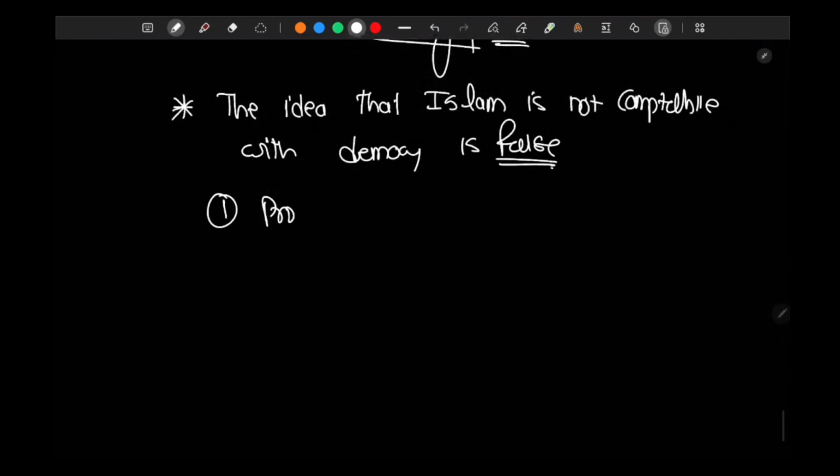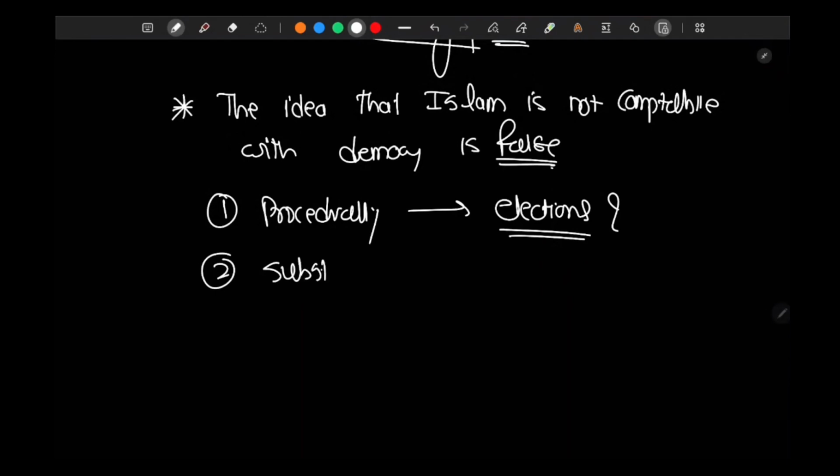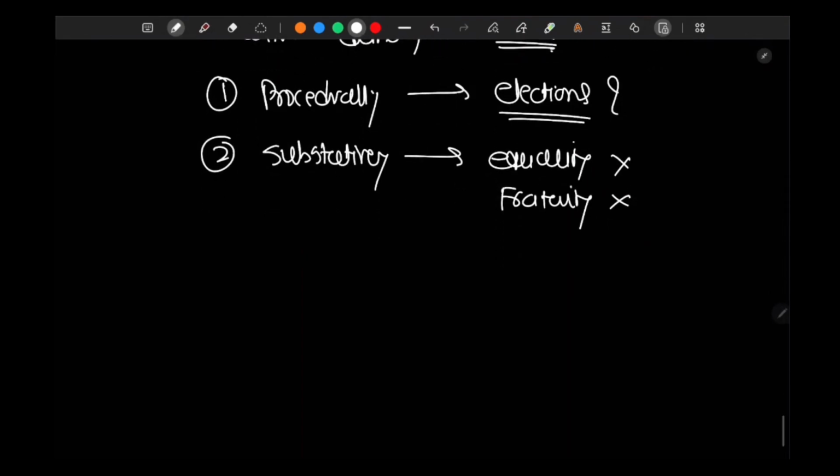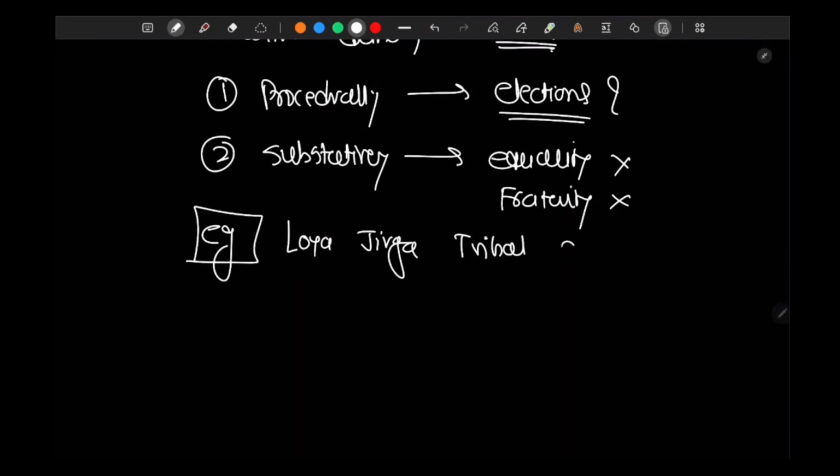They say procedurally, is Islam against elections? Islam is not, so it is compatible. Substantively, is Islam against equality? Is Islam against fraternity? It is not. Right? This is what post-colonial scholars say. For this, post-colonial scholars give the example of the Loya Jirga tribal assemblies in Afghanistan. Loya Jirga were tribal assemblies in Afghanistan.